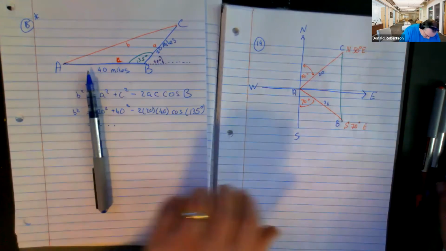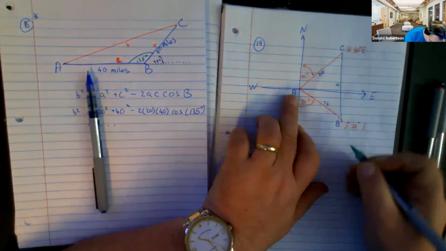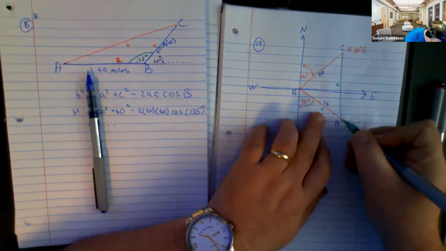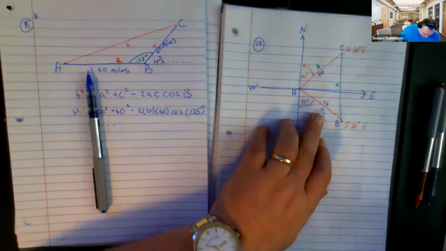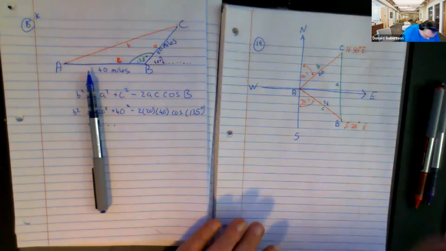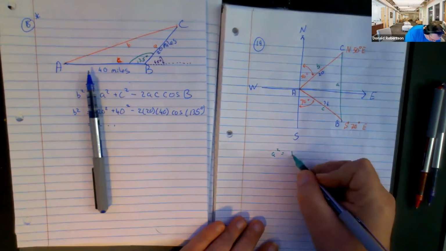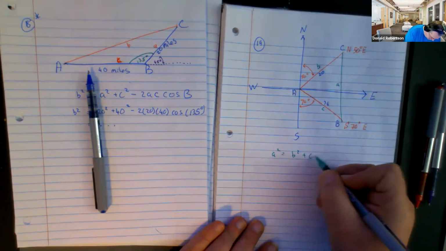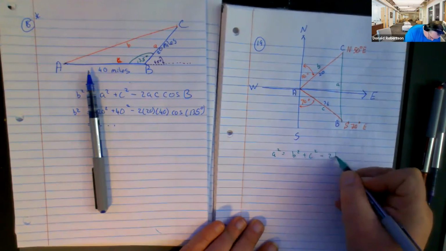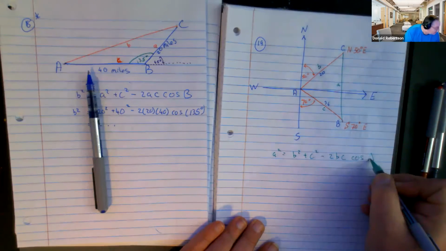Now, for my naming, A is over here, little c is here, and little b is here. And since we're being asked to find the distance between the two boats, this is going to be an a squared question. And so that's going to be b squared plus c squared, take away 2bc cosine of A.